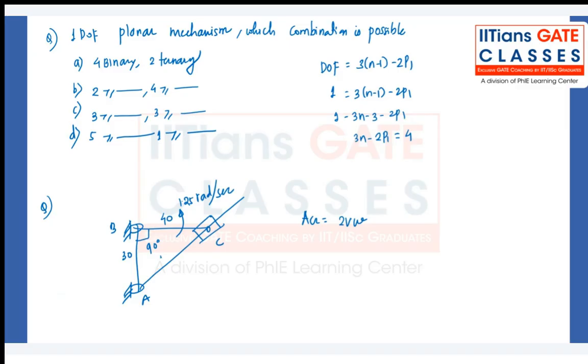Now one ternary joint is equal to 2 binary joints, right? So 2 ternary joints.